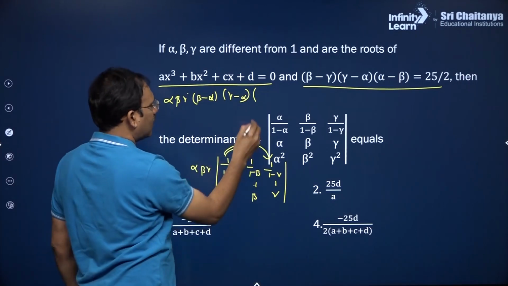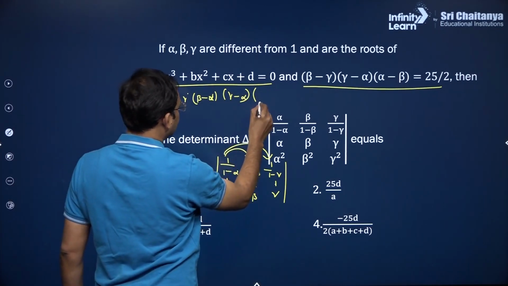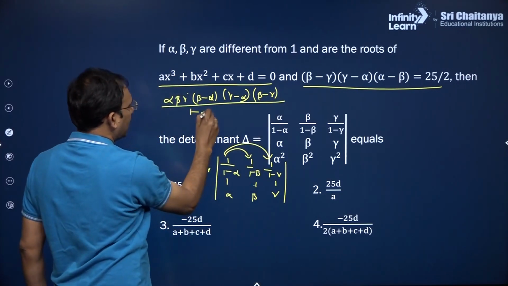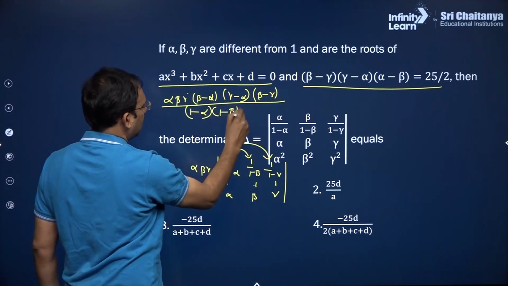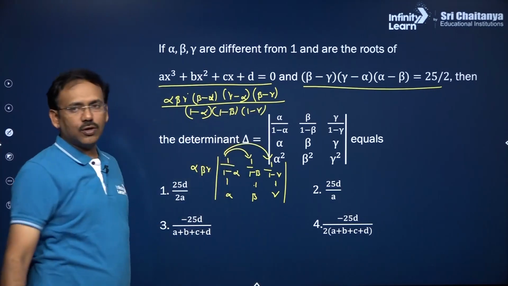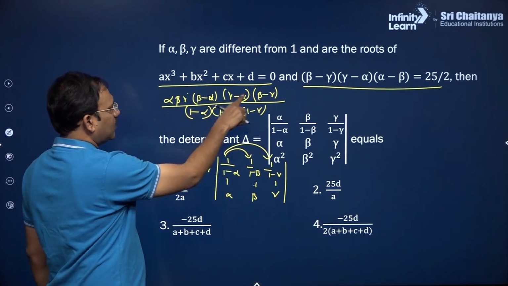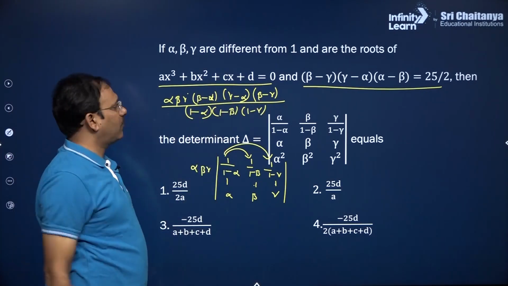If you expand, you are going to get beta minus gamma by 1 minus alpha into 1 minus beta into 1 minus gamma, my dear friends.